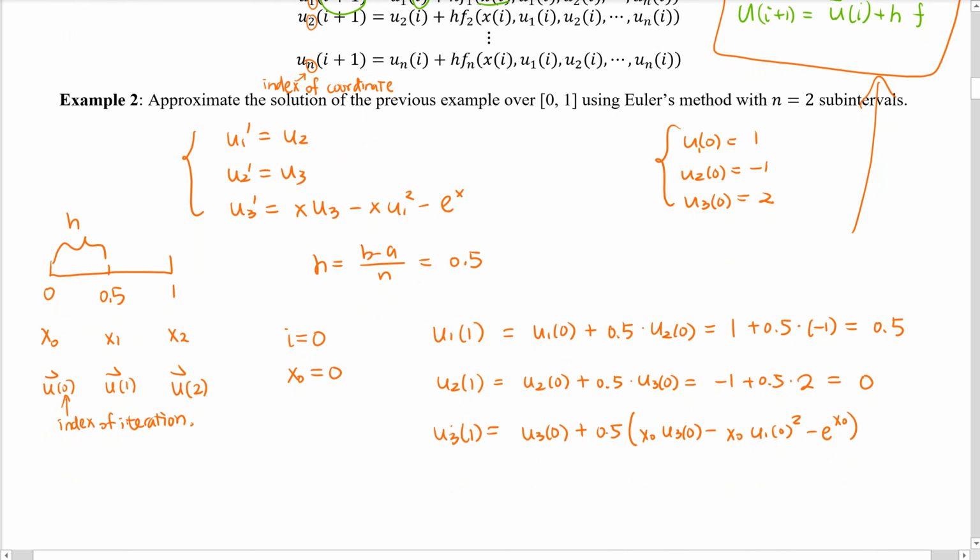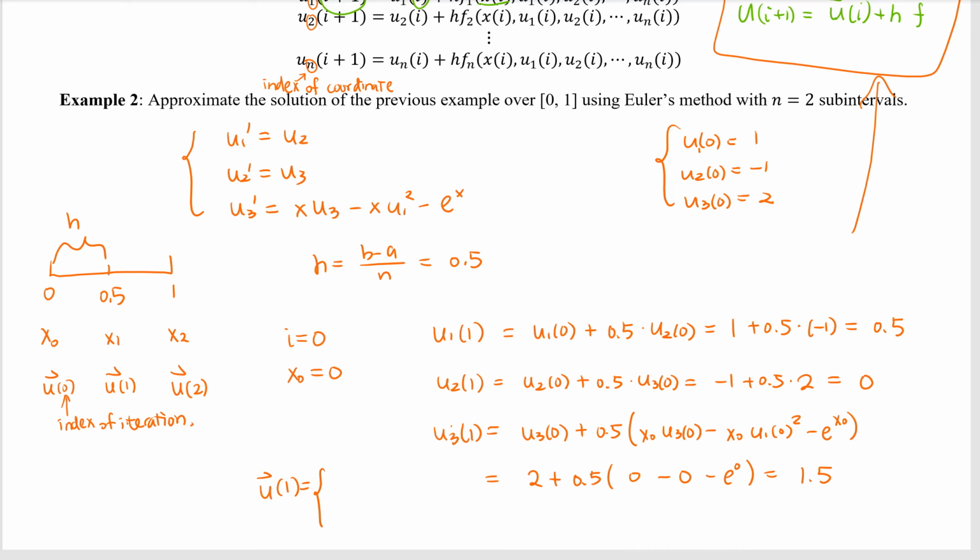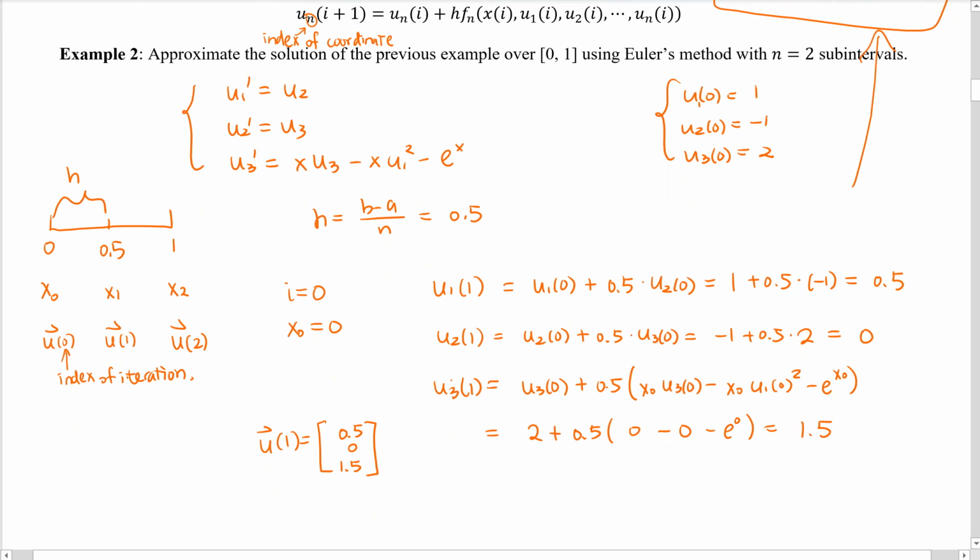What is this? u3 of 0 is 2, and x0 is 0. Nice. And e to the 0 is 1. So we have 2 minus 0.5, which is 1.5. So we get u of 1 as the vector 0.5, 0, and 1.5. So far, so good?